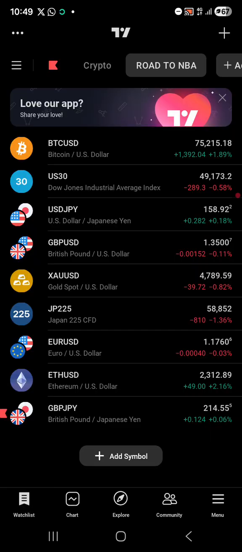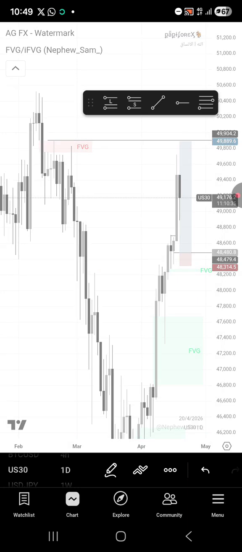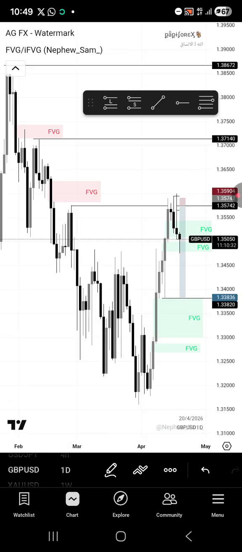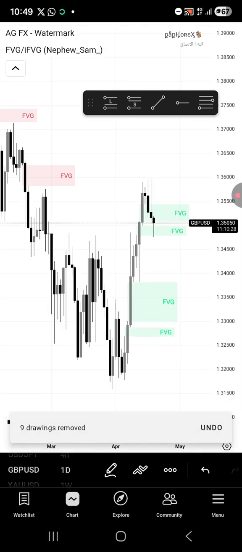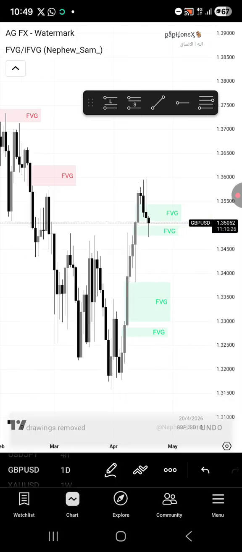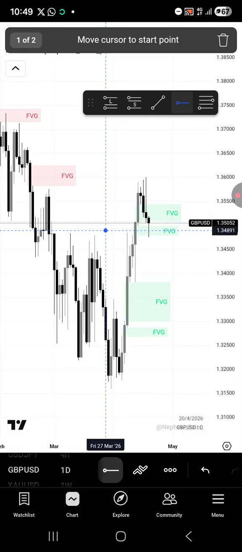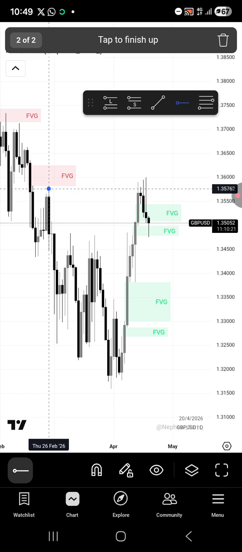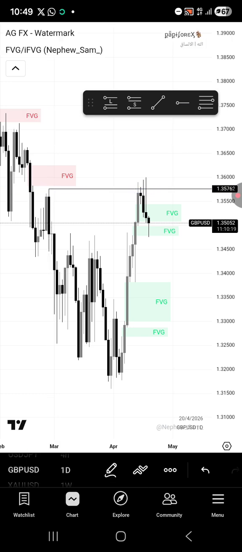Maybe let me talk about this popular pair GU for instance. GU is now acting from a resistance zone.